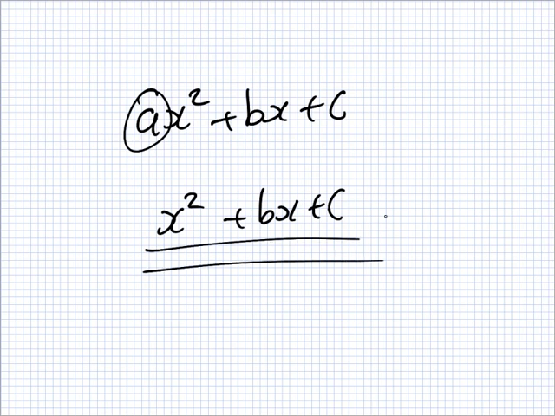Does anyone know? Well, they're both quadratics, but this is a special type of quadratic. So it's a something quadratic. Simple quadratic, happy quadratic maybe? No. In English, what's the prefix for 1?